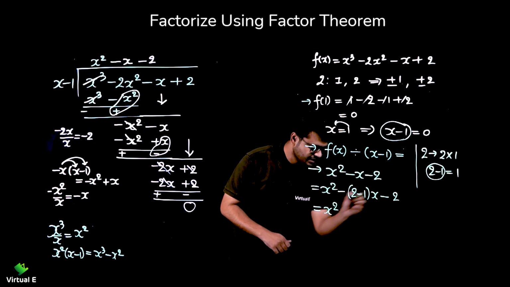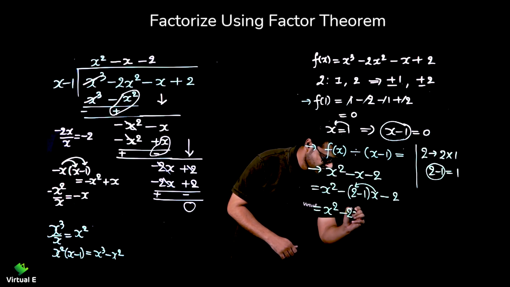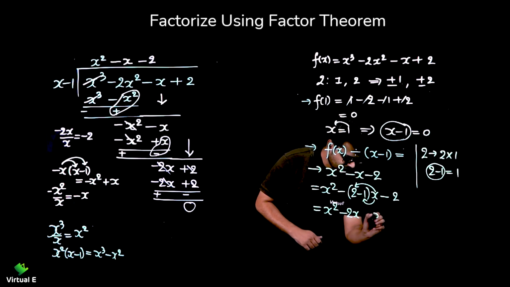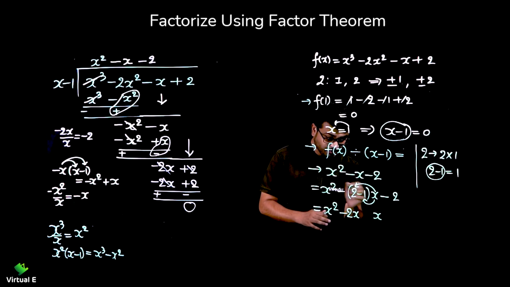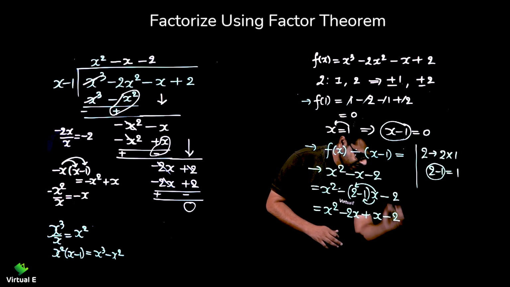X square as it is, x multiplied by 2, that is minus over here, minus 2x, and x multiplied by 1, okay, that is x only, but consider these signs, a minus here and one more minus here, minus minus will be plus x, and here minus 2.